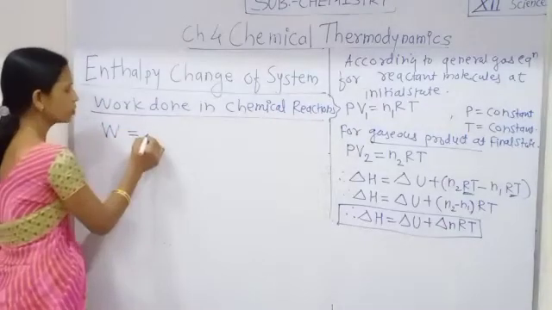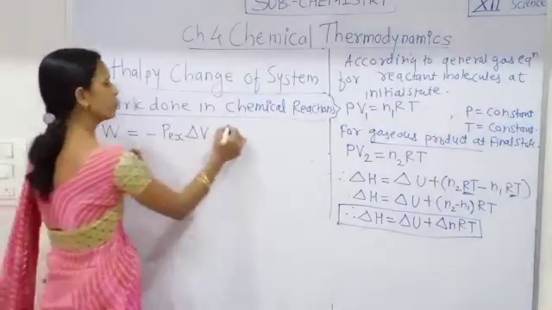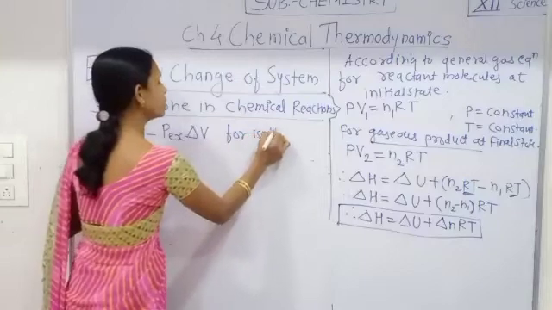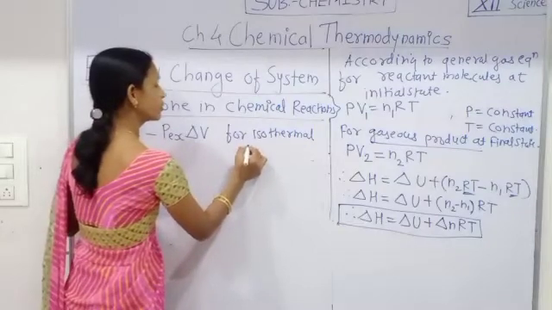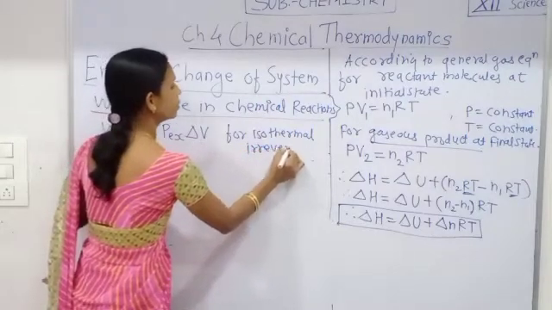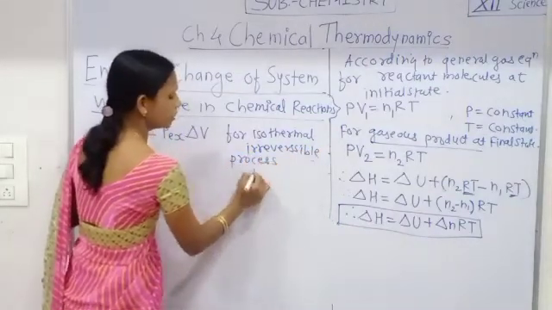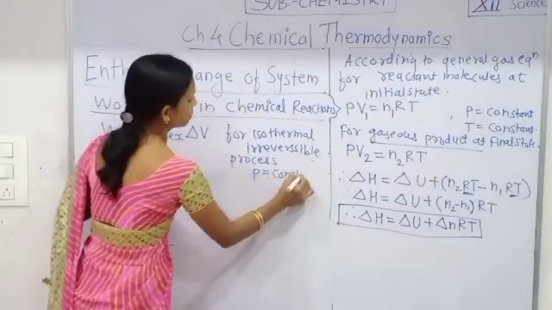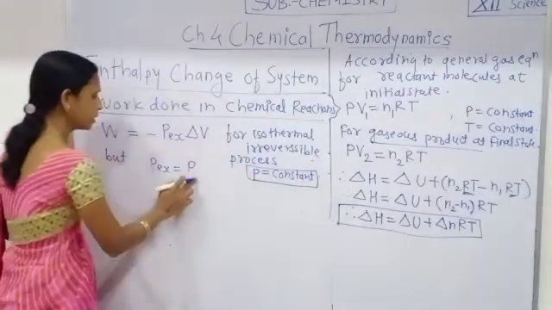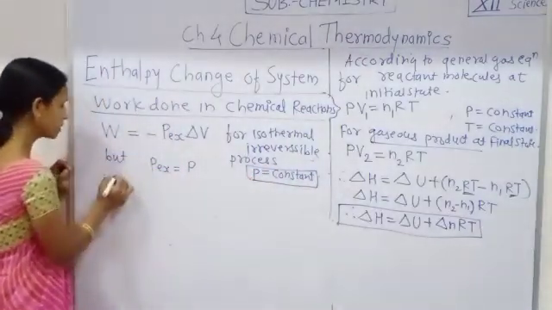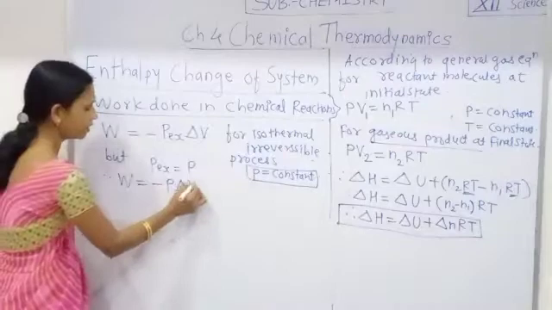W is equal to minus PEX delta V, that is for an isothermal and irreversible process when P is constant, that is, pressure remains constant. When P remains constant, PEX is P. Therefore that equation becomes W is equal to minus P delta V.